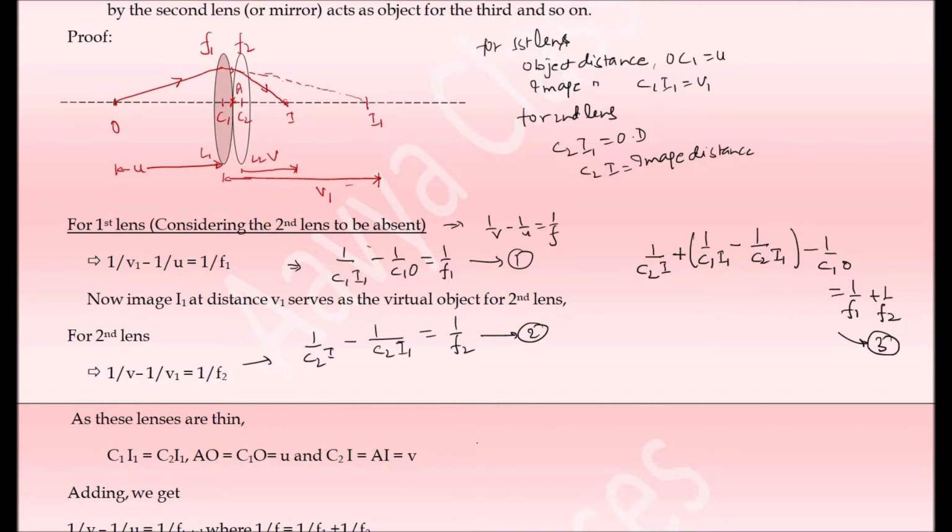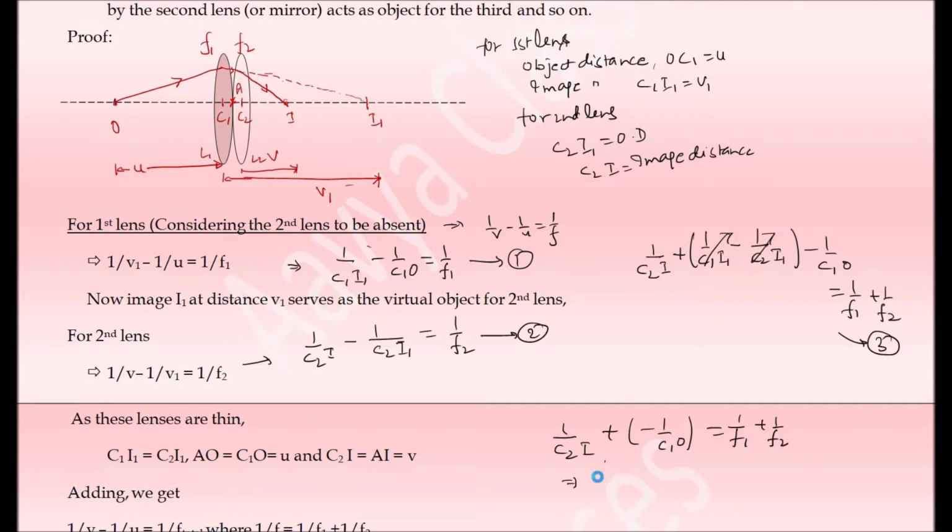So if we do this approximation, then we get 1 by C2I plus, and this term will get cancelled out. So 1 by C2I minus 1 by C1O is equal to 1 by F1 plus 1 by F2.